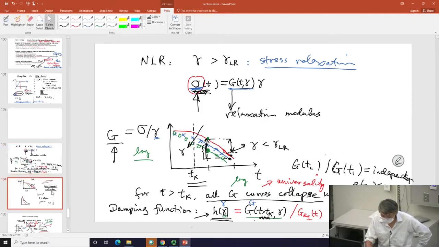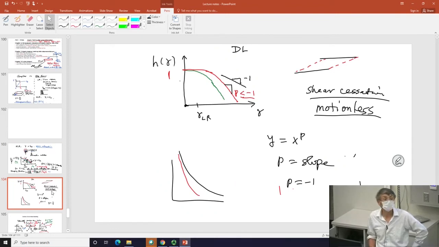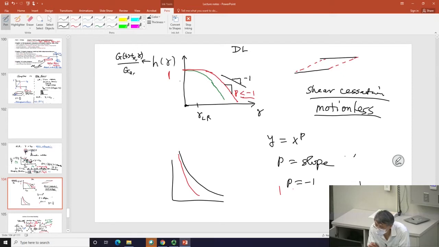But upon seeing P being smaller than -1, it scared me. It tells you something very useful. First of all, let's recall what is H. Just try to recover what it's teaching you. H is G at some higher times. You don't even need to bother about that. And the bottom is just a function so that when you take this rescaling, it's no longer a function of time. That's all it has.